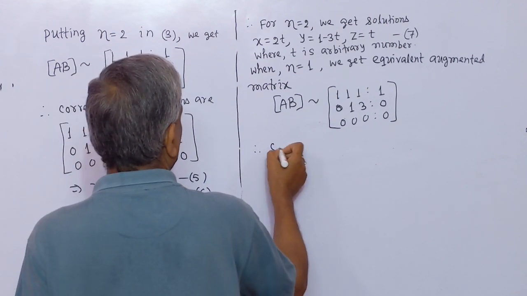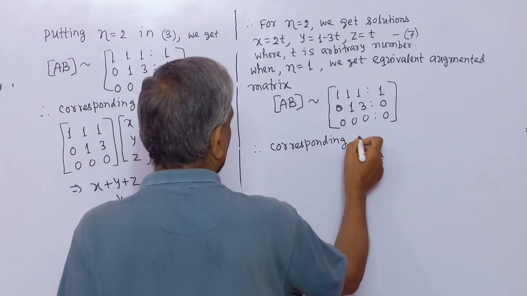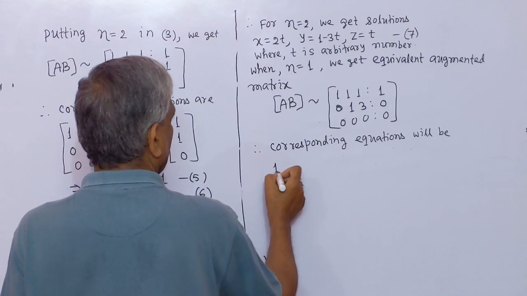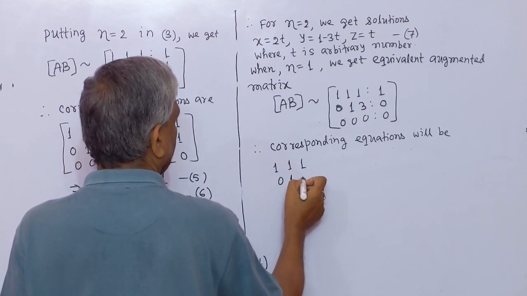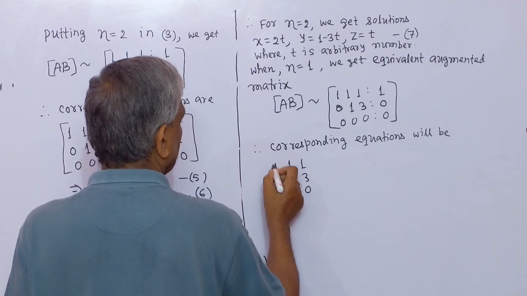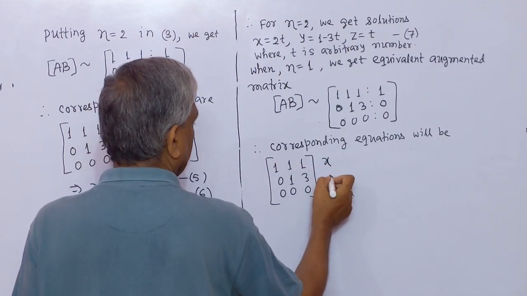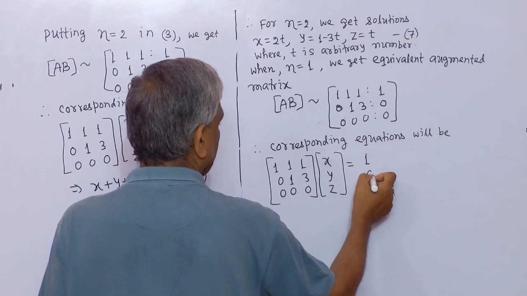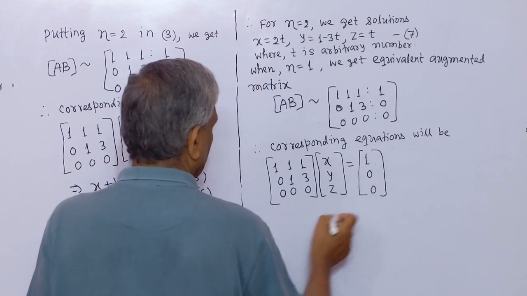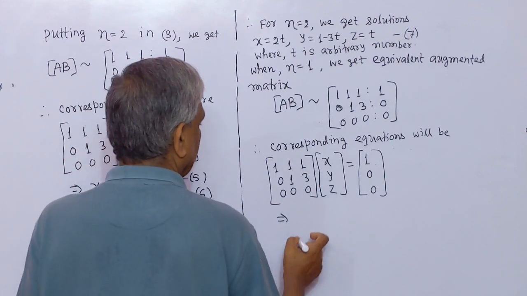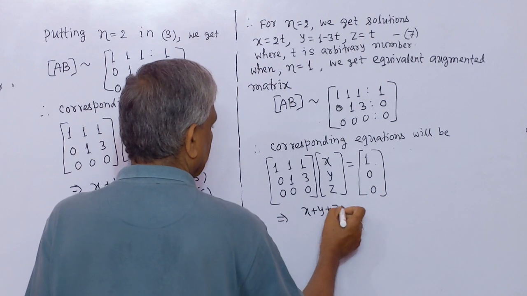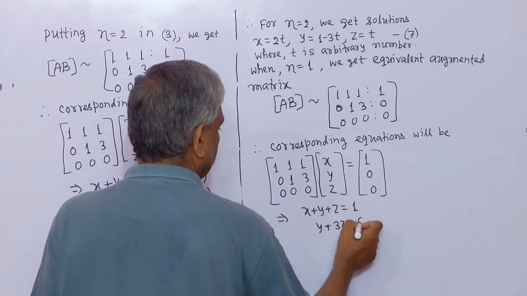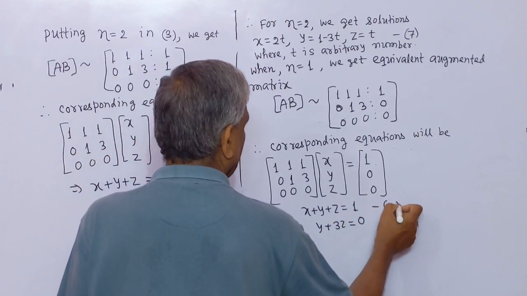Therefore, the corresponding equations will be the coefficient matrix 1, 1, 1, 0, 1, 3, 0, 0, 0, unknowns x, y, z, and right side 1, 0, 0, which implies x plus y plus z equal to 1, y plus 3z equal to 0. This is number 8, this is number 9.